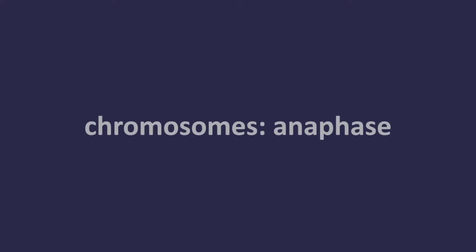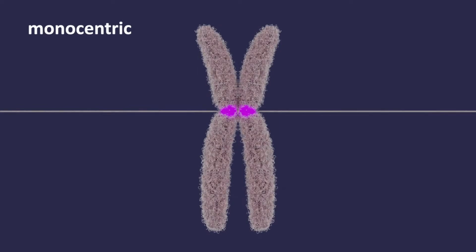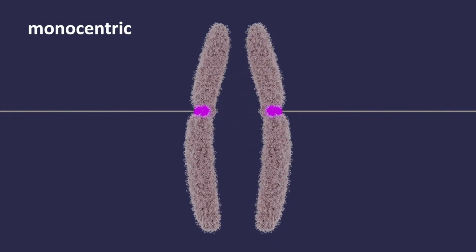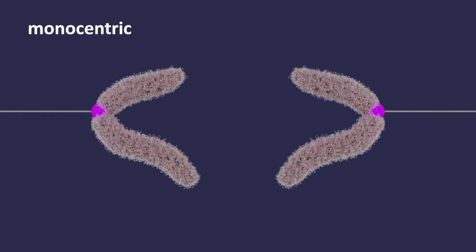We now compare chromosomes at anaphase and how this can impact chromatin contacts. In monocentric chromosomes, normally the microtubules attach at a single region of the chromosome, as you can see here, at the centromere, which normally causes the so-called V-shaped migration of sister chromatids.